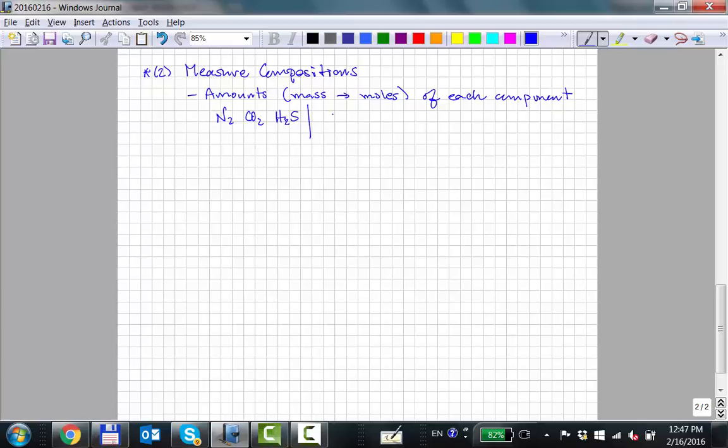And of course methane, ethane, propane, iso and normal butane, iso and normal pentane. These are the pure compounds.